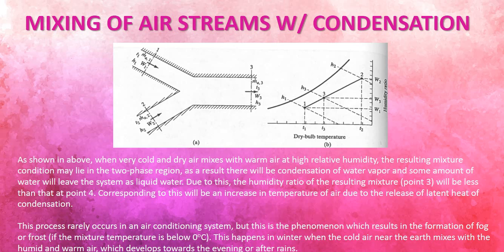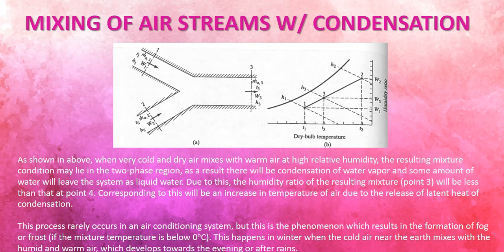If there is mixing with condensation, as you could see here, now there is a certain amount of water content of these two separate streams that is condensed in the process. So as shown above in the figure, when very cold and dry air, meaning lower temperature and very little moisture, is mixed with warm air at high relative humidity, you mix it with its opposite, high temperature and high relative humidity.